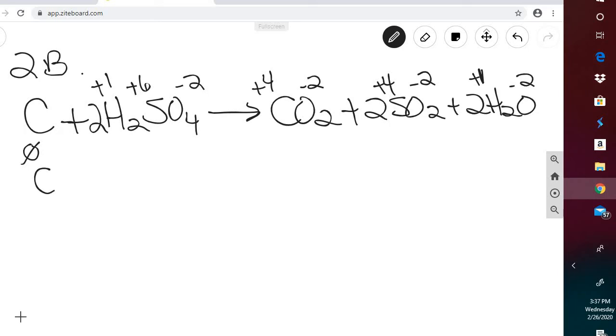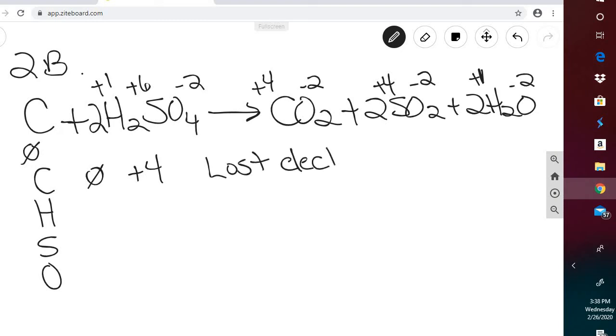Okay, so then we look at each of them. We look at carbon, hydrogen, sulfur, and oxygen. So the carbon went from 0 to +4. So that means that it lost electrons. And lost electrons is oxidized. The hydrogens went from +1 and stayed +1 over here.